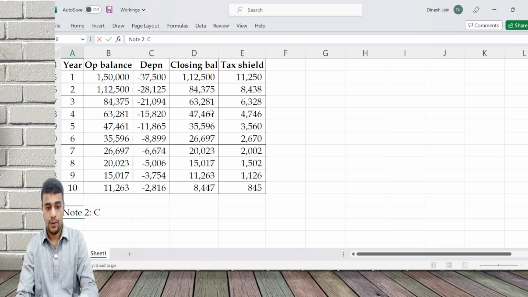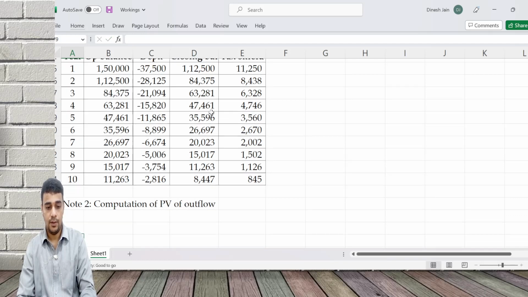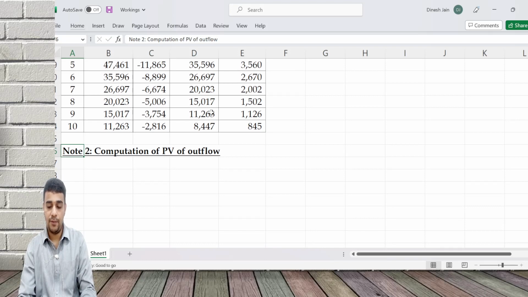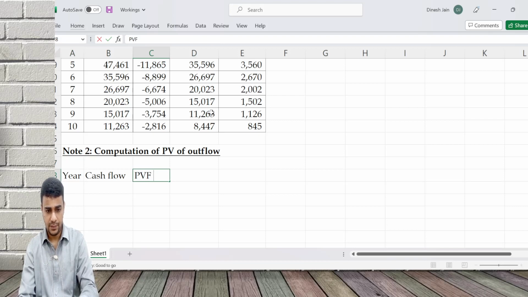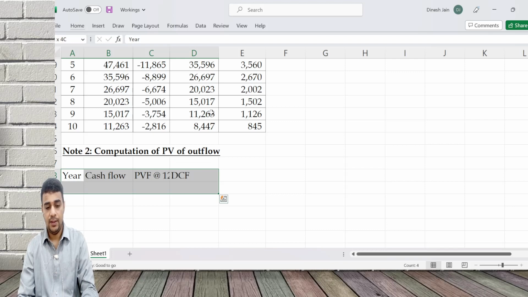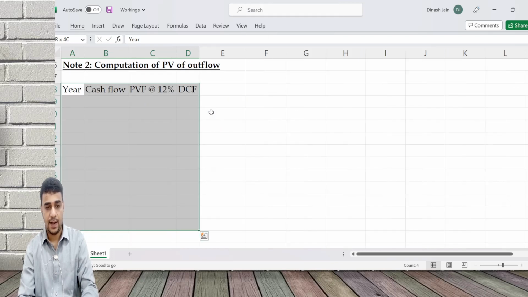Note 2. Computation of PV of outflow. NPV cannot be computed because you'll have negative NPV only. There is no inflow here. Year, cash flow, PVF at 12%, DCF.